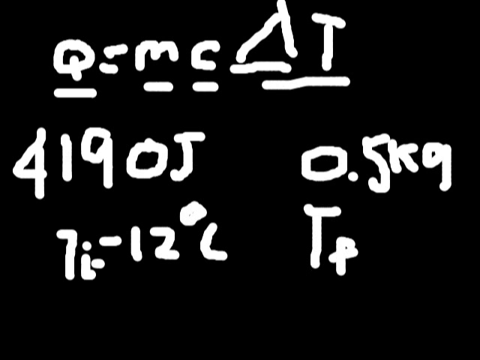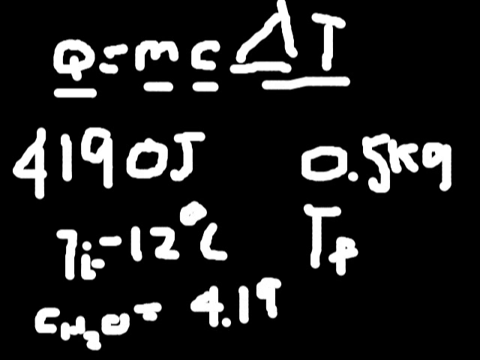So here's the problem again. 4,190 joules of heat are added to 0.5 kilogram of water, and the water has an initial temperature of 12 degrees Celsius. And the specific heat of water, which I have to tell you, is C of H2O, equal to 4.19 times 10 to the third joules.